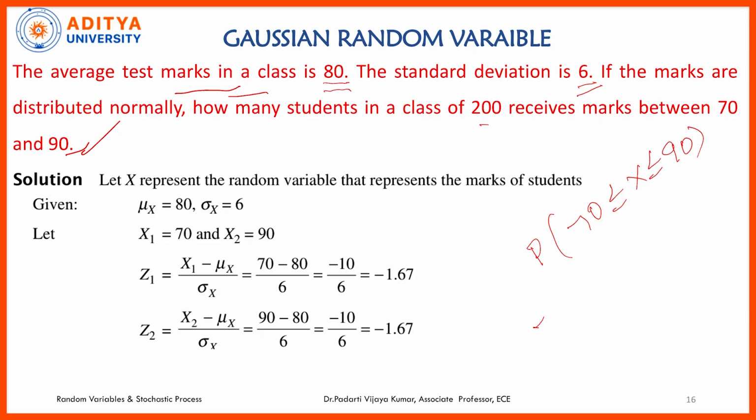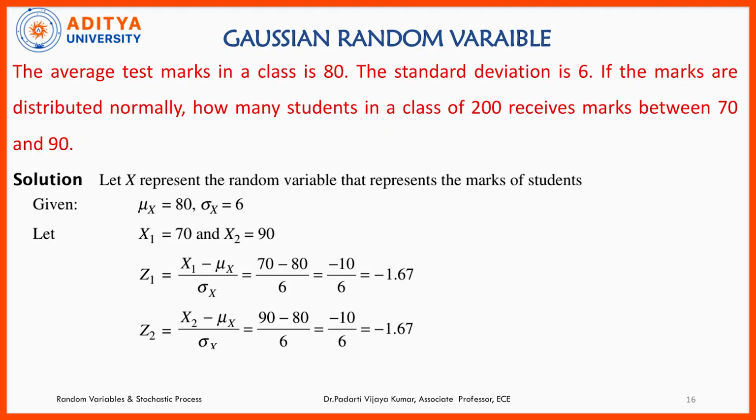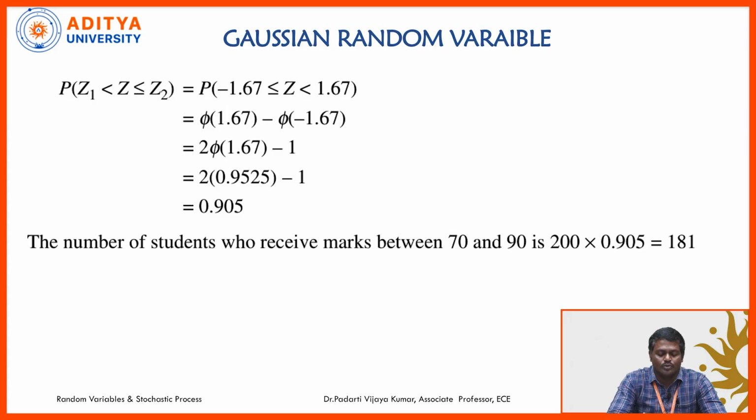We need to compute 70 minus mu x by standard deviation, and 90 minus 80 by 6. We will get probability of minus 1.67 less than z less than 1.67. Calculating this, we get 2 into Q of 1.67 minus 1. Substituting this value, we will get 0.905.